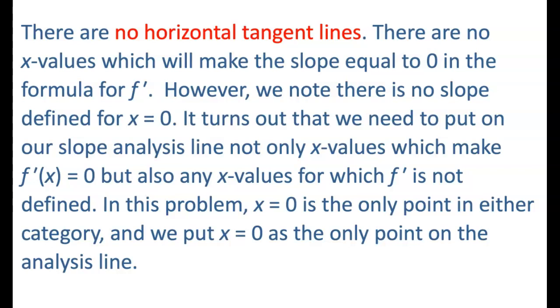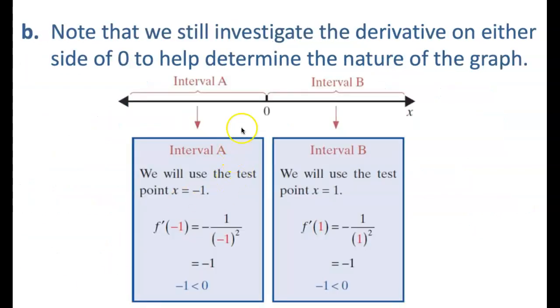So we need to put on our slope analysis line, that little number line with the pluses and the minuses over it, any x values, not only the ones where f prime is equal to 0, but also any x values for which f prime is not defined. That's x equals 0, and that's the only point we have to check. So our number line is only going to be broken up into 2 intervals because we only have one value where the function can go from increasing to decreasing or vice versa.